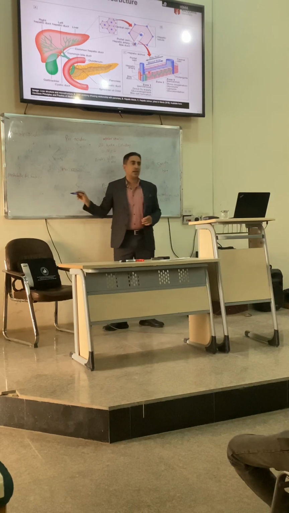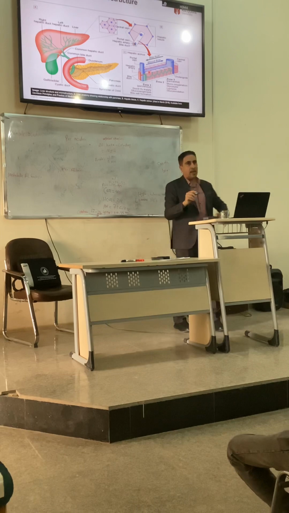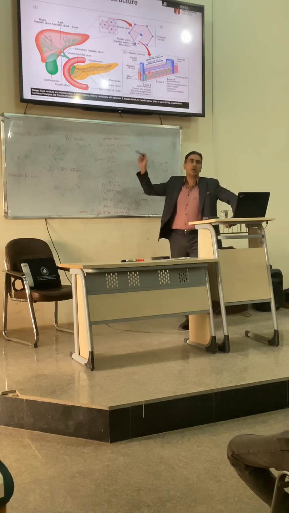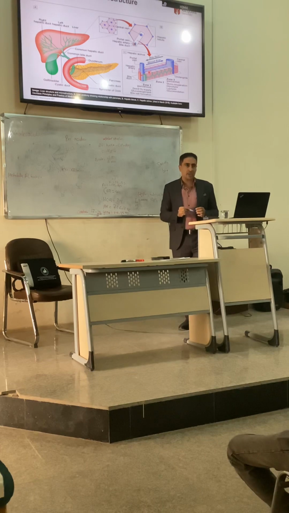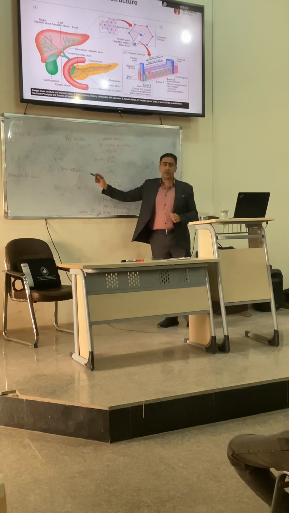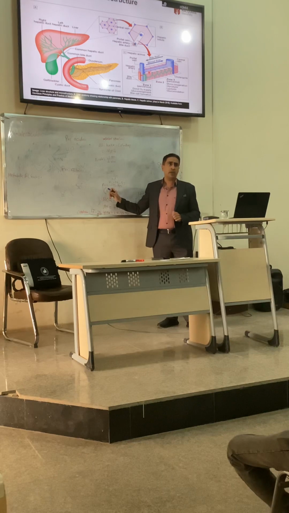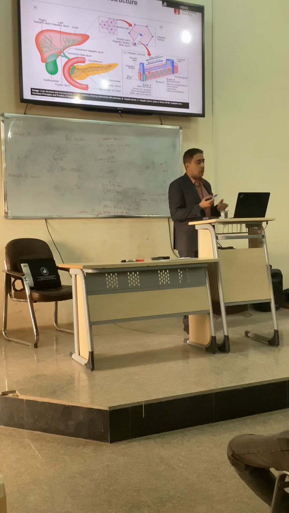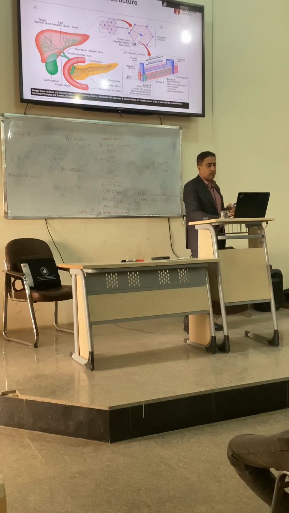Any toxic insult, like mushrooms or drugs, has to pass through the liver before it reaches the systemic blood supply. So the function of the liver is very important. Imagine the blood entering from the bowel is full of nutrients and full of toxins. So it enters to here.